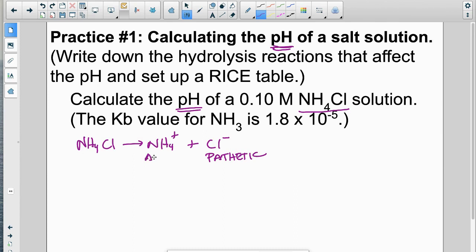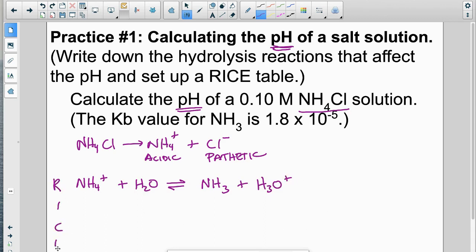But here, our NH4+ is a conjugate acid of a weak base. It's going to be acidic. So our reaction is going to be the hydrolysis reaction between ammonium plus water to form ammonia plus H3O+. Okay, so there's our reaction.